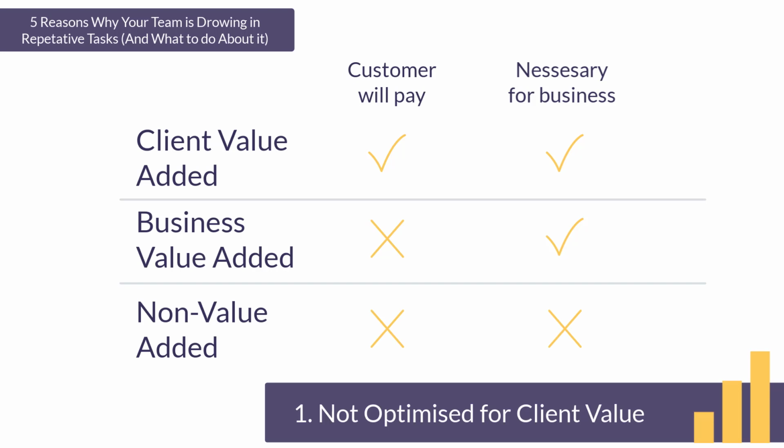Once you've categorized each task through the lens of customer willingness to pay, you can then take action based on their classification. For the value added ones, look to optimize and standardize. These are the activities to focus on. These are the ones that make a difference to your business success.